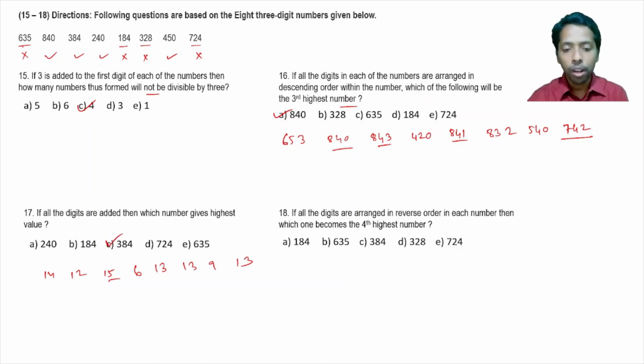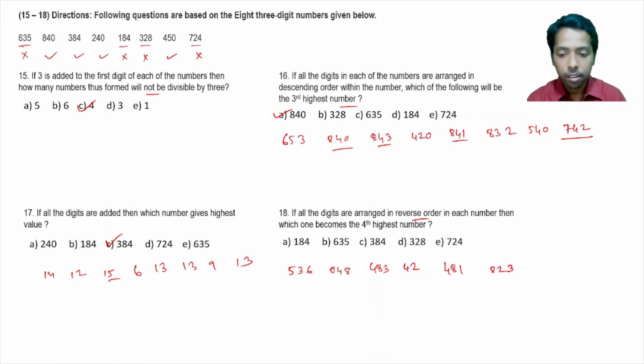Moving to next, if all the digits are arranged in reverse order in each number, then which one becomes fourth highest number? Okay, so reverse order you have to write. If all the digits are arranged in reverse order, write it. 536, then 048, that means 48, then 483, right, then 42, then 481, then 823, then 54, and then 427.